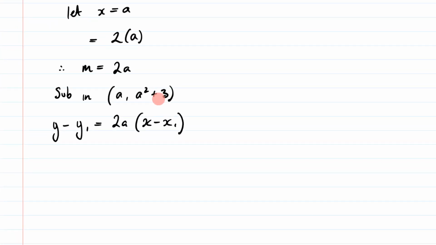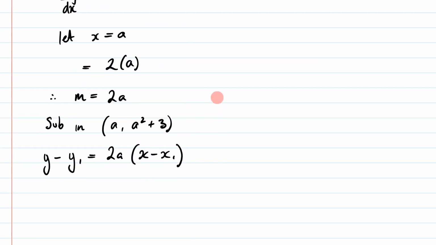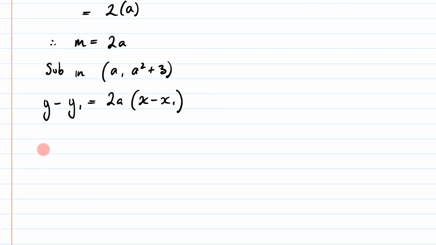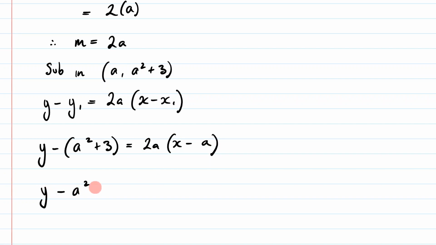We come down here, we zoom in. All right, we're going to go y minus, and be careful, put this in brackets, equals 2a times x minus a. Y minus a squared minus 3 equals 2ax minus 2a squared.